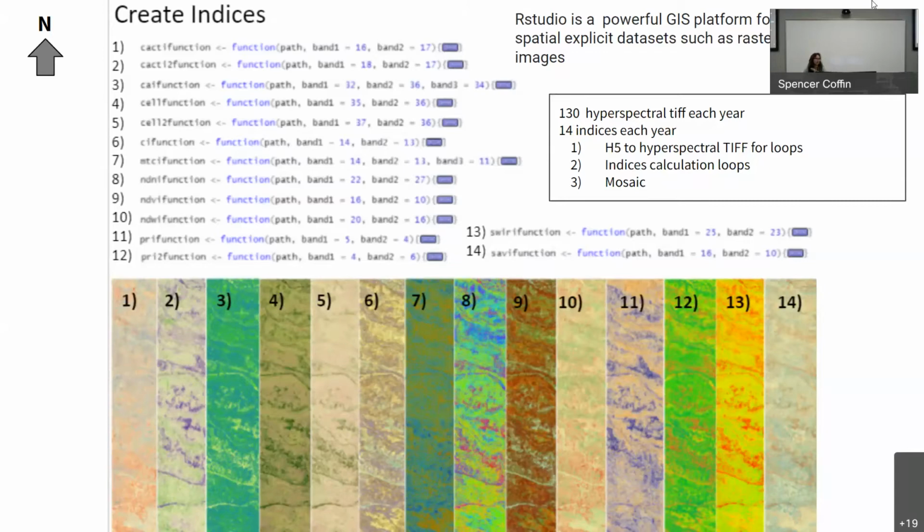To avoid using all of the hyperspectral bands, I converted the hyperspectral data to indices, so the processing is much quicker. That's 130 images each year, combined for that whole Santa Rita area.